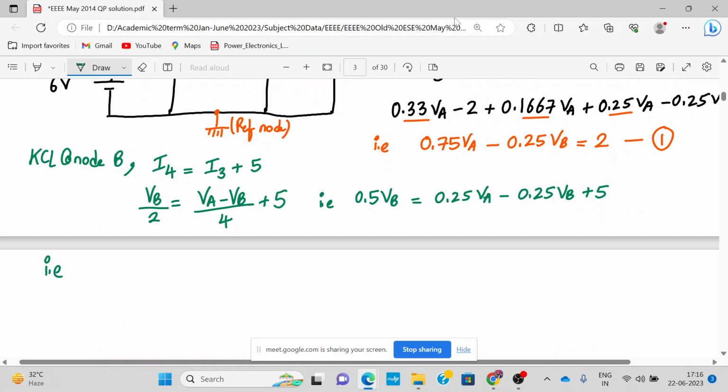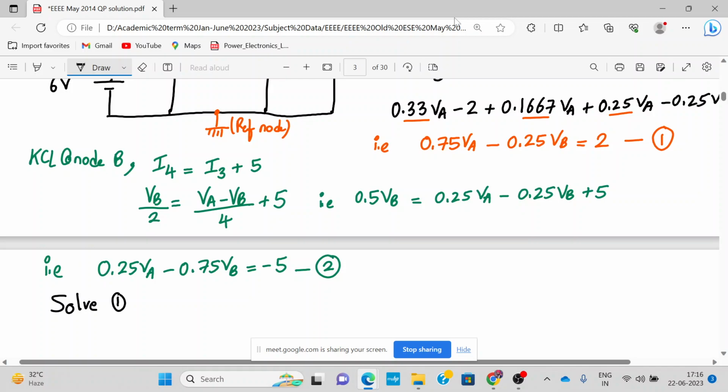Finally, if I take everything on the left hand side, what you will get is 0.25 VA minus 0.75 VB is equal to minus 5, right? Please cross check this. Now solve this simultaneously in your calculator.